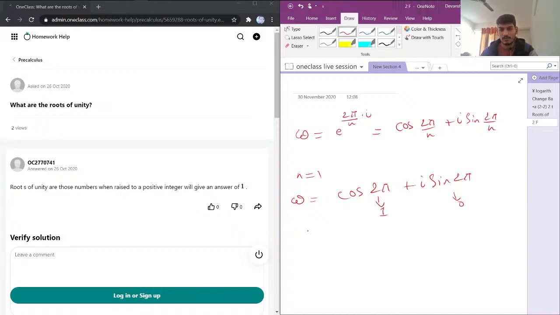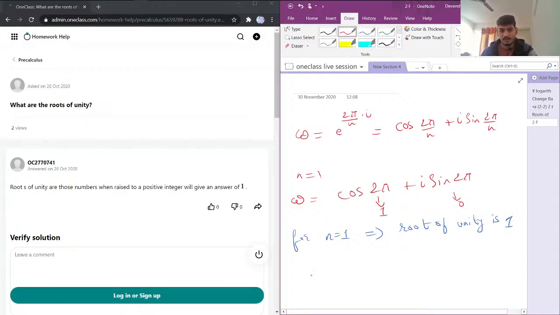So for n equals to 1, my first root of unity is 1.